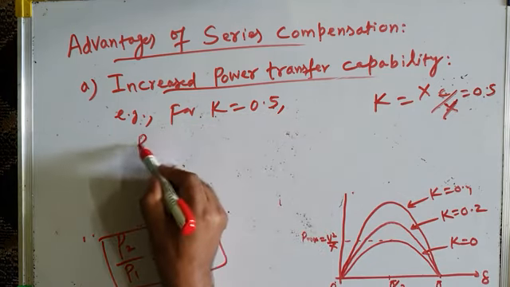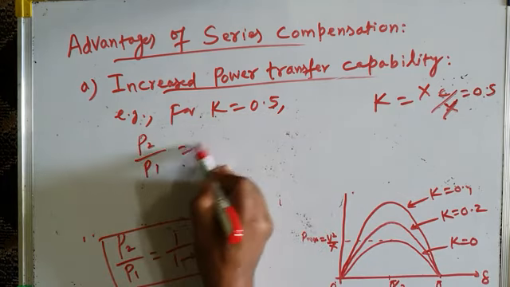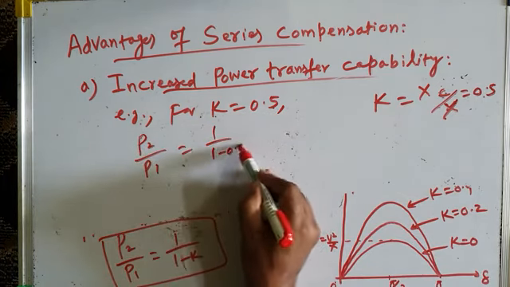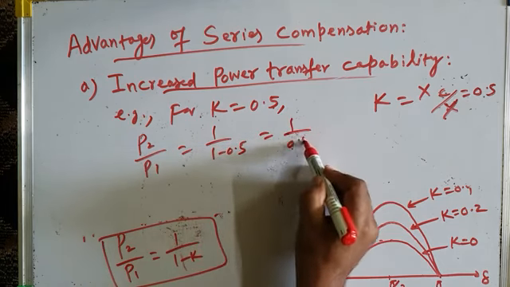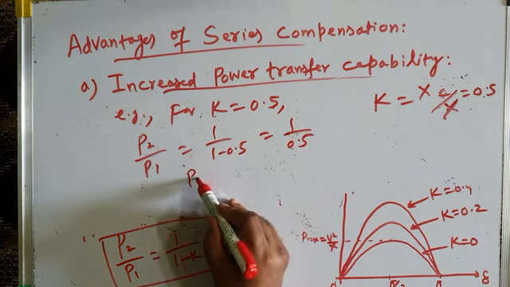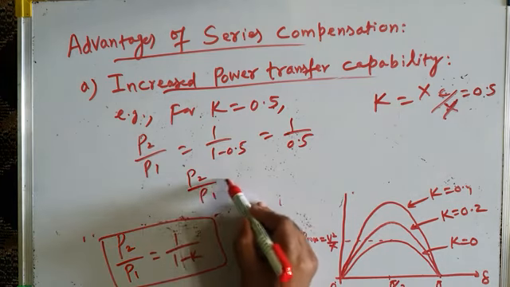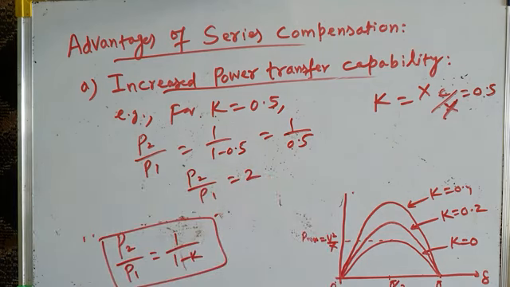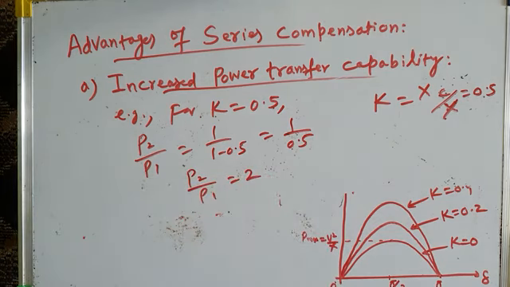In that case, P2 by P1 is equal to 1 by (1 minus 0.5). That is 1 by 0.5, so that gives P2 by P1 equal to 2.